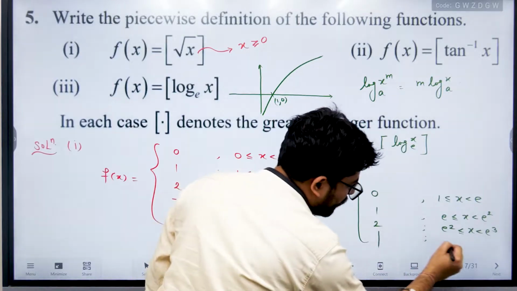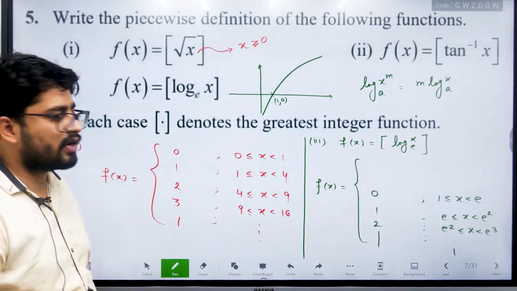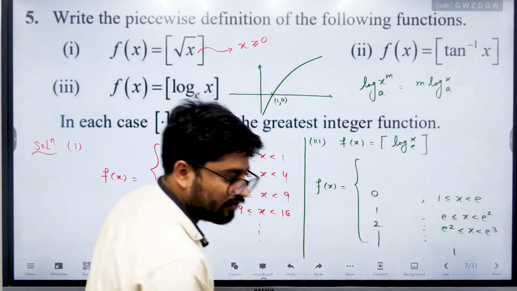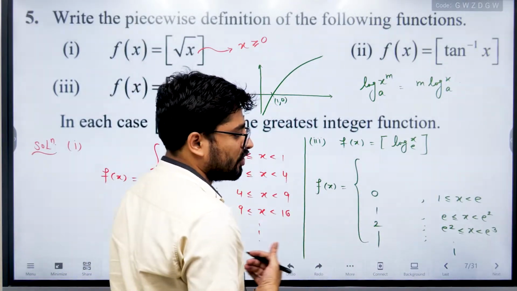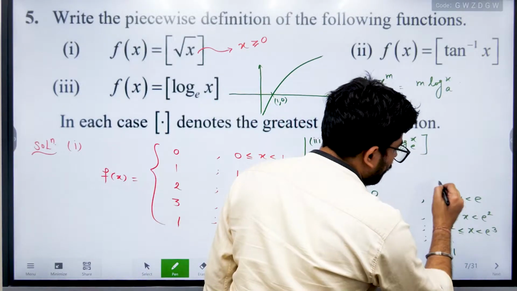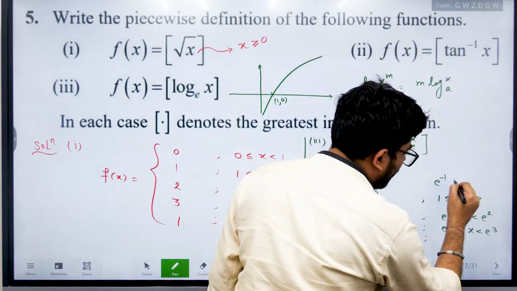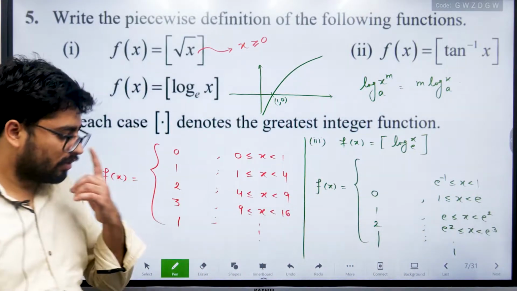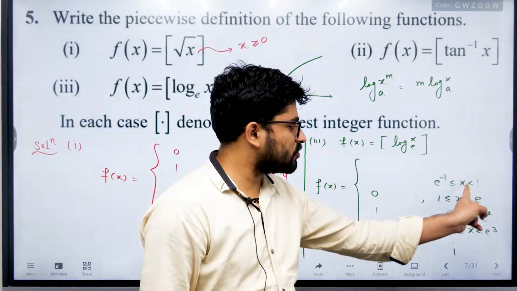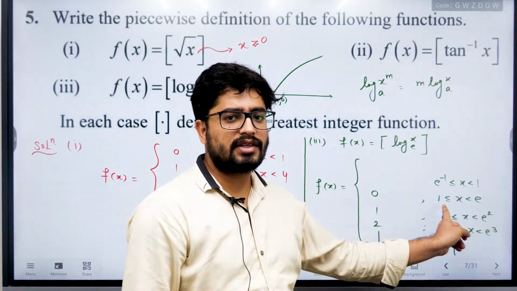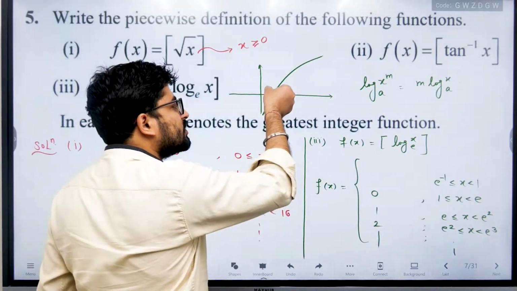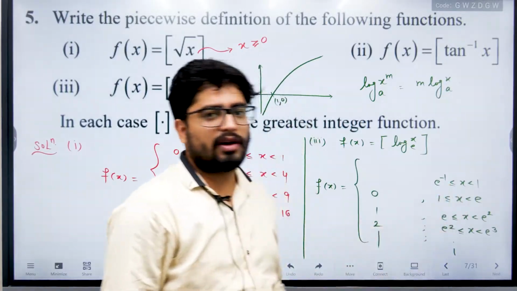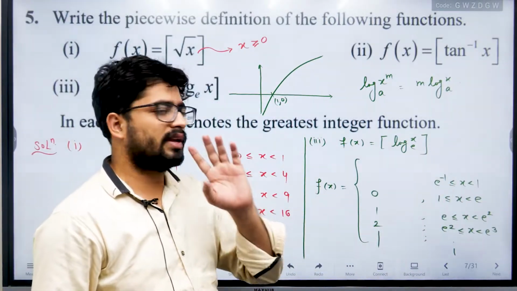Yes, and similarly you can define your function for the positive values which are greater than or equal to 1. Now whenever the value lies between e power minus 1 to 1, at 1 the value is 0, and any value just smaller than 1 gives a negative. And log e power minus 1 to the base e is minus 1.